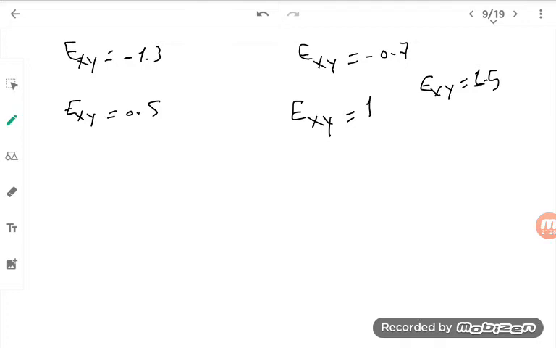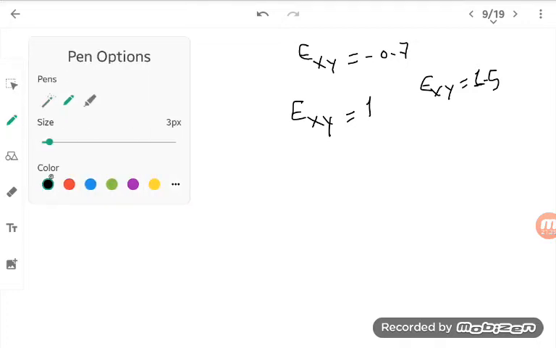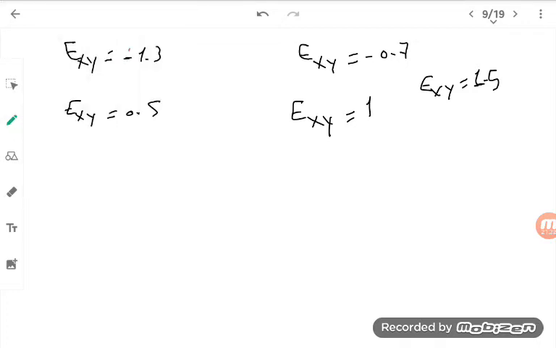Negative means that the two products are complements. 1.3 means that the demand is elastic.